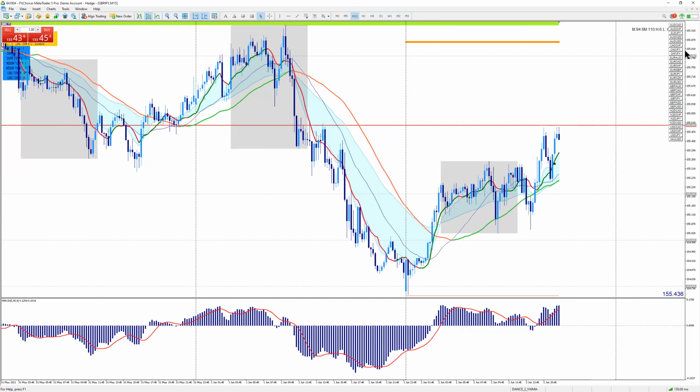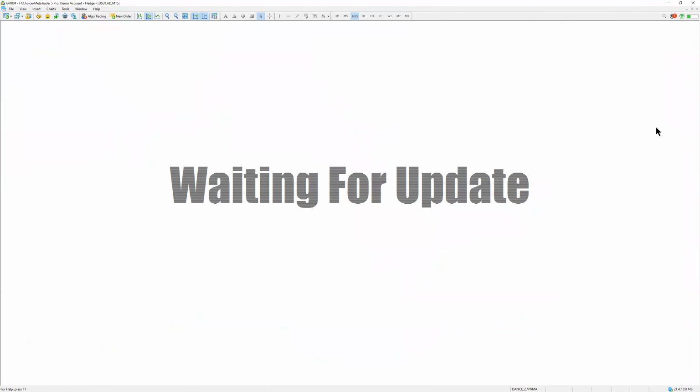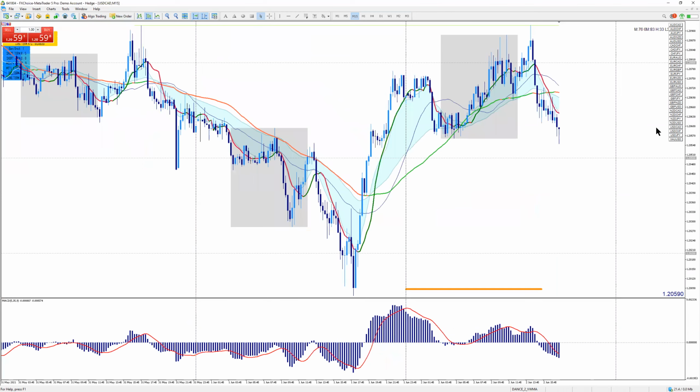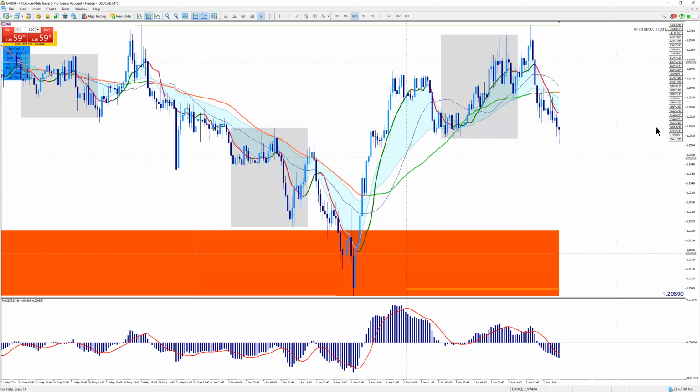What else were you looking at, CAD? Yeah, CAD pretty much doing the same thing. I made one move off of that, coming off of a 15-minute chart. So look at this, choppy. Look at what you got here.